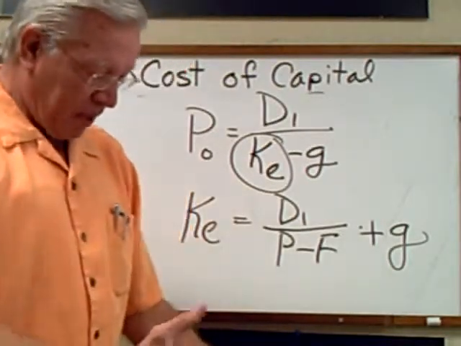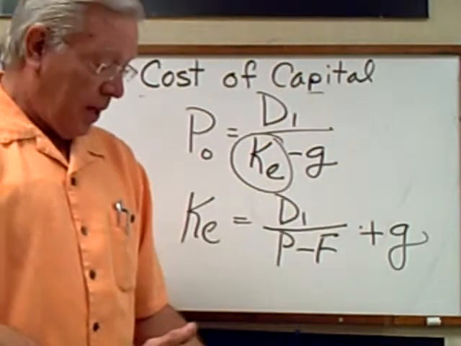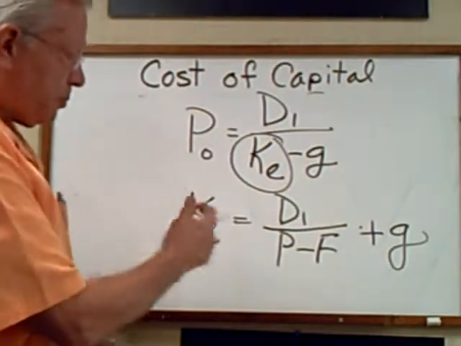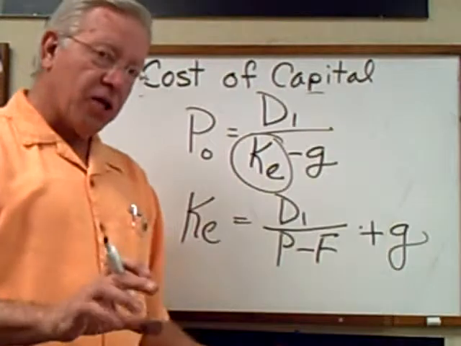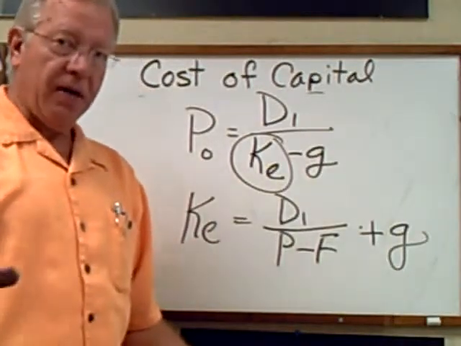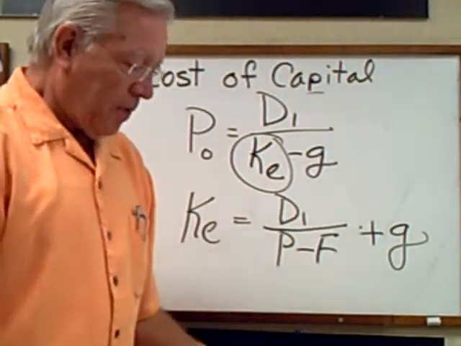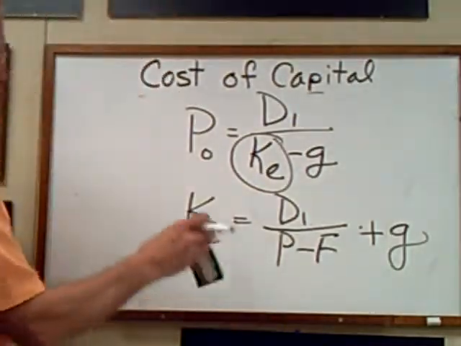But if I want to issue a new round of stock, I have to pay the flotation cost. Okay, so we have our mechanism now of determining the cost of issuing debt, the cost of issuing preferred stock, and the cost of issuing common stock. That gets pretty simple. That's just a matter of working the arithmetic.